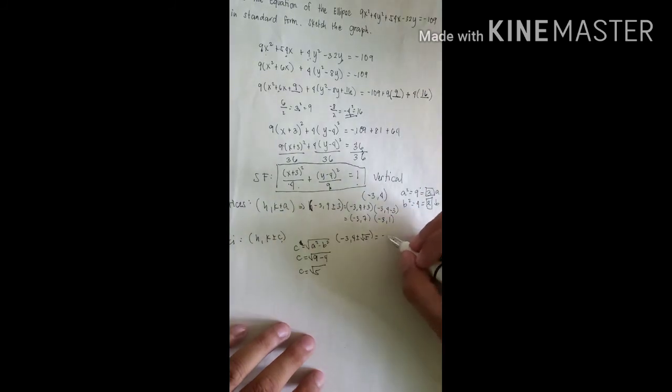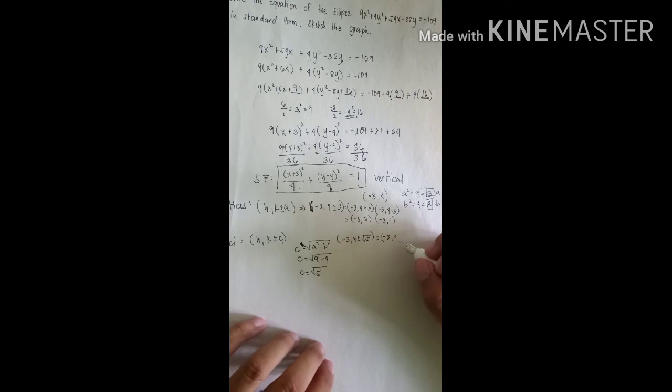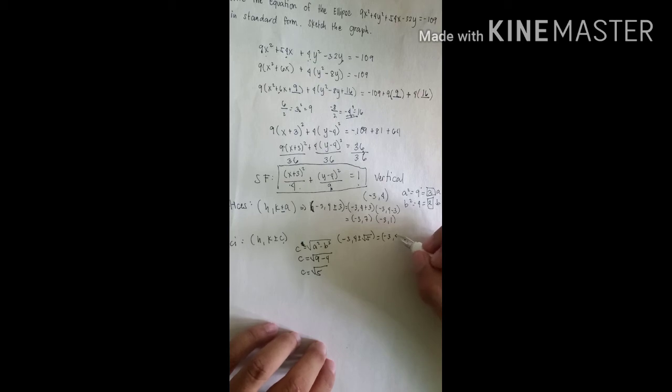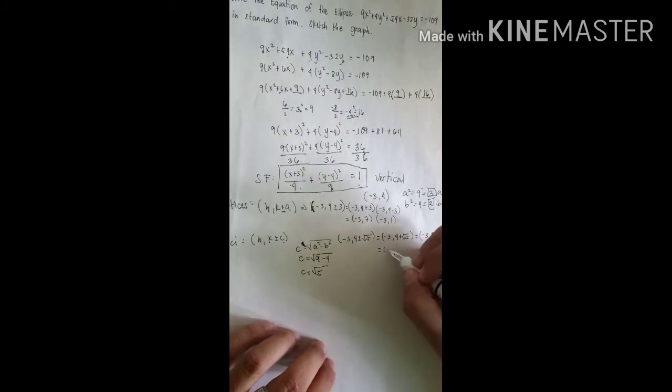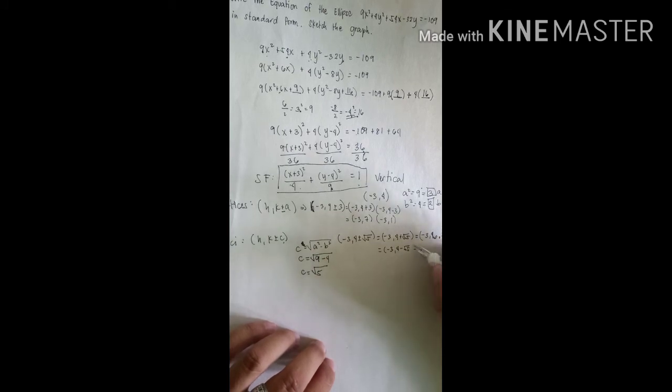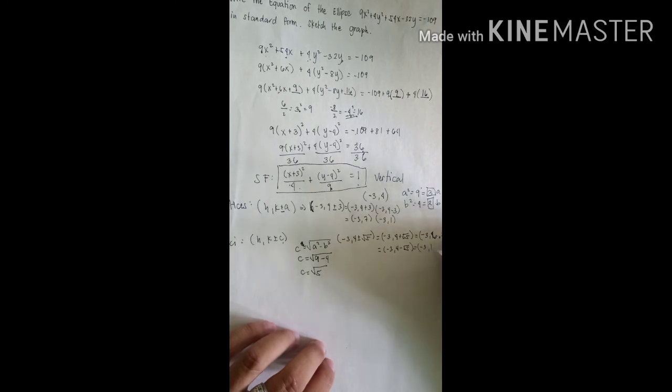So 4 plus square root of 5 is equal to negative 3, 6.24, and then negative 3, 4 minus square root of 5, that is equal to negative 3, 1.76.